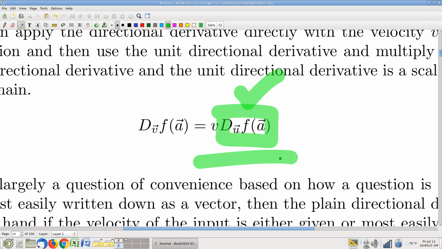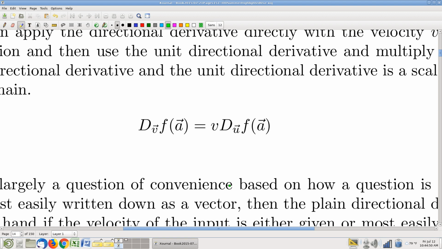Give yourself the luxury of computing the sometimes easier unit directional derivative, and then multiply by the speed. How hard is that? That's not that big a deal. Arguably, there's very little difference in the processes. I divide by a speed and then I multiply by a speed. Nevertheless, sometimes the unit directional derivative is easier to compute, and in such cases, this is a great idea.